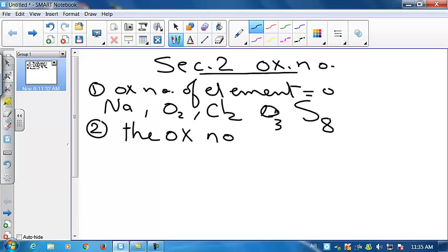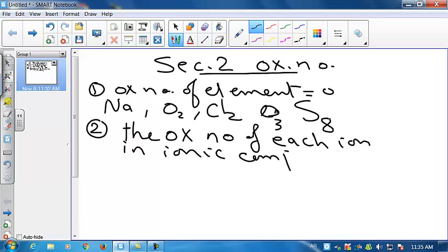The oxidation number of each ion in ionic compound equals its charge. For example, let us say NaCl.